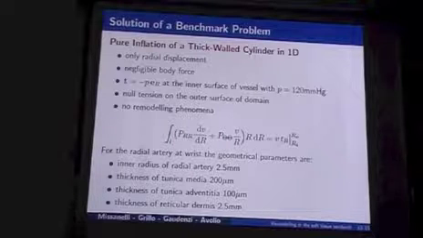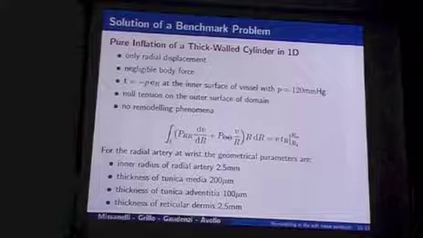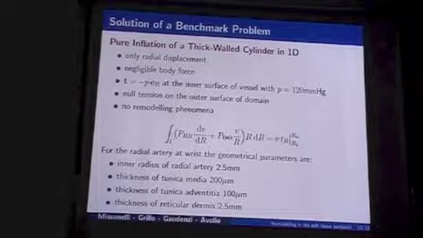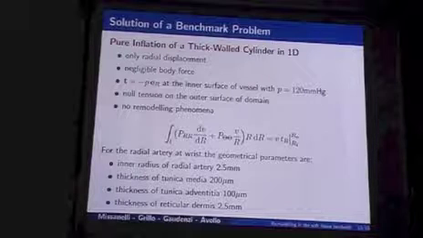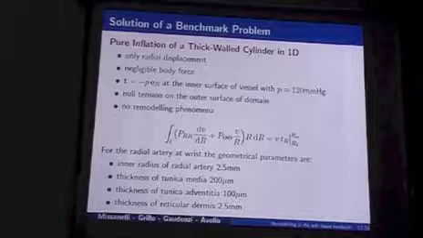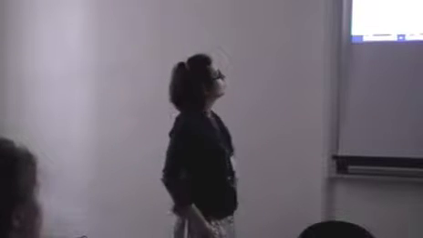We suppose that at one end point we have just a compression. On the other side we have a tension. In this case we have no remodeling in our simulation. It's just a starting point. We are working on this problem. And so this is the problem that we are trying to solve.